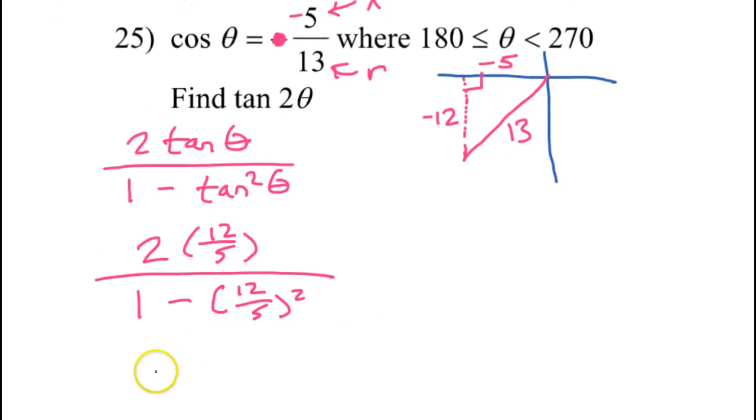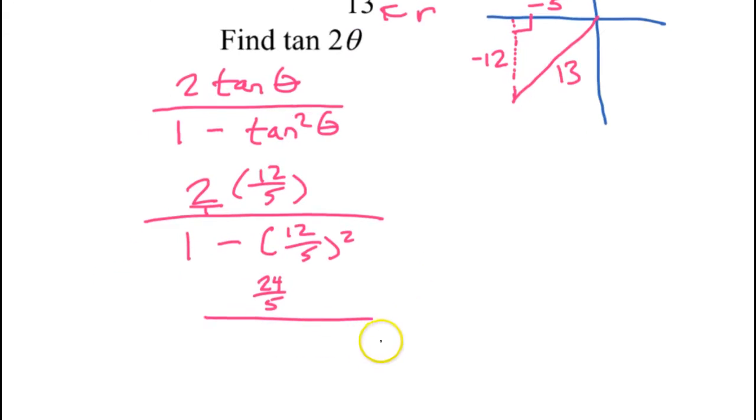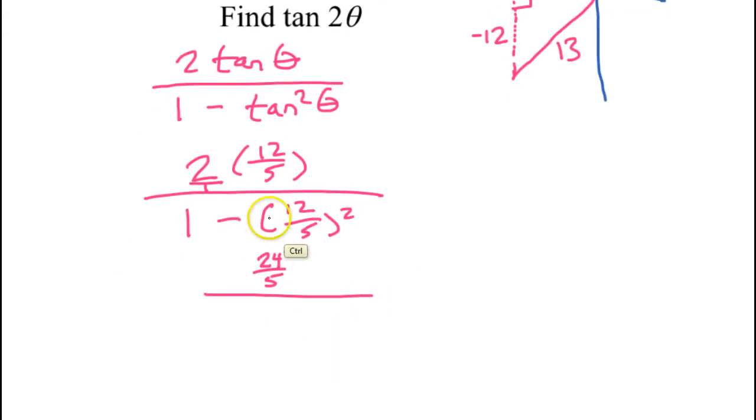Okay, so in the numerator, I'm going to have, because this is like having 2 over 1, and you just multiply straight across, so this will be 24 over 5. Now down here in the denominator, first if I square these, 12 squared is 144, so I've got 144 over 5 squared is 25, so I'm going to have 25.